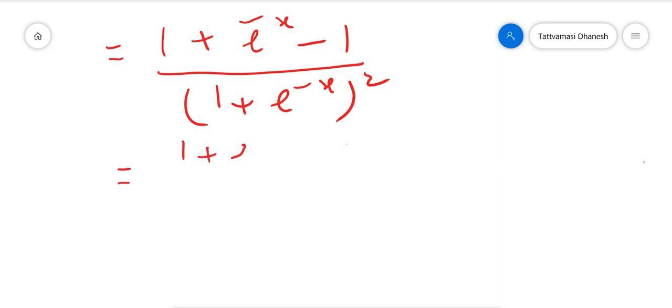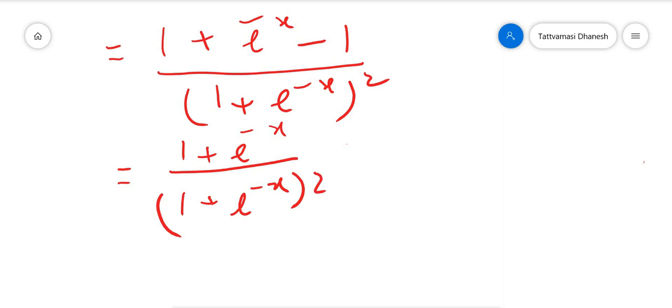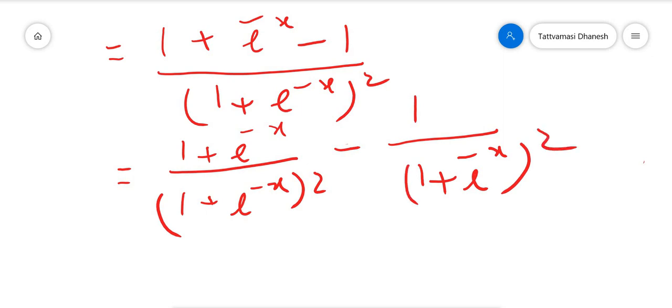It is 1 plus e raised to minus x divided by 1 plus e raised to minus x the whole square, minus 1 by 1 plus e raised to minus x the whole square. Here the square can be cancelled, and this is 1 by 1 plus e raised to minus x, that is our sigmoid function.